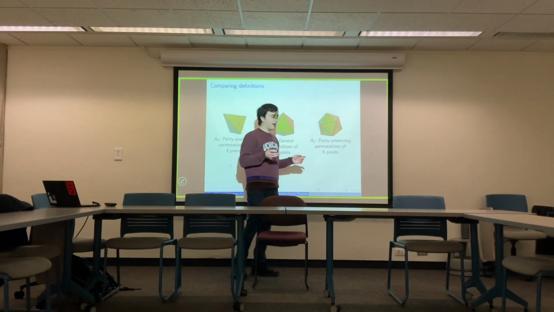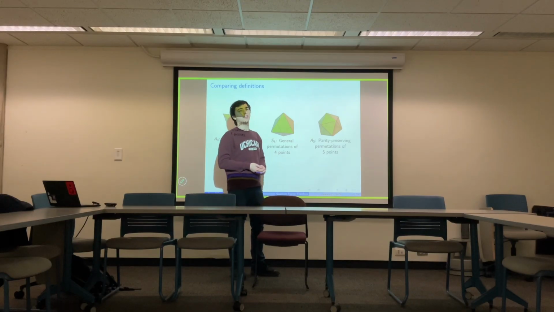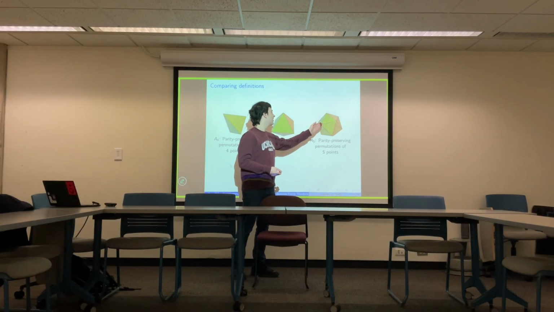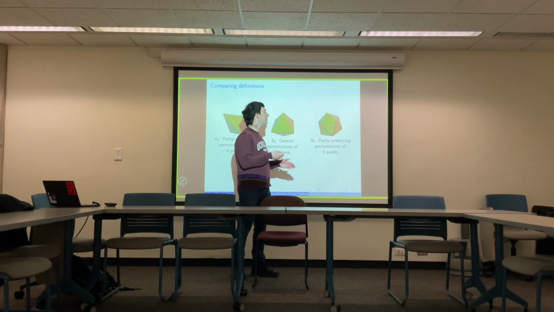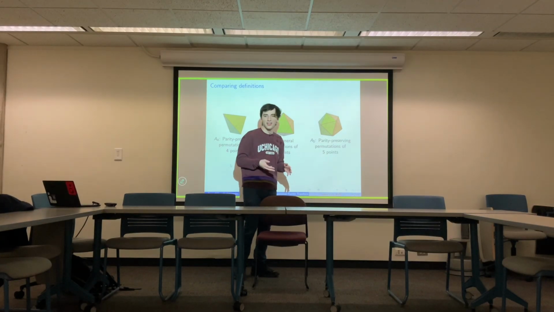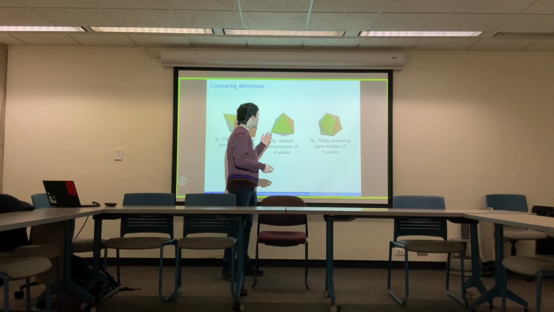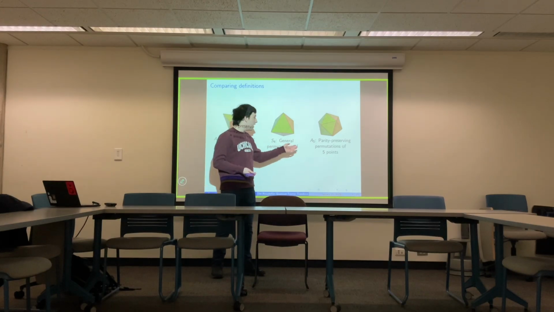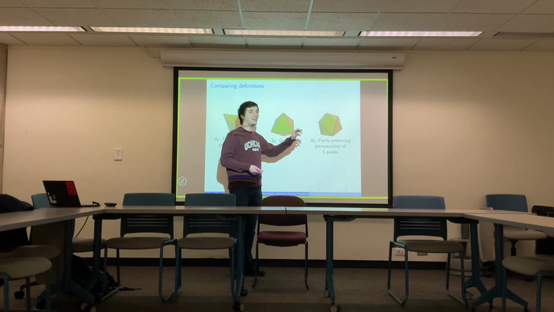But the real power of this abstract way of thinking about groups is that you see this icosahedron has symmetries isomorphic to A5, which is the parity preserving permutations of 5 points. And while here we had nice visual depictions of that, it's not at all obvious what the 5 points being permuted are.